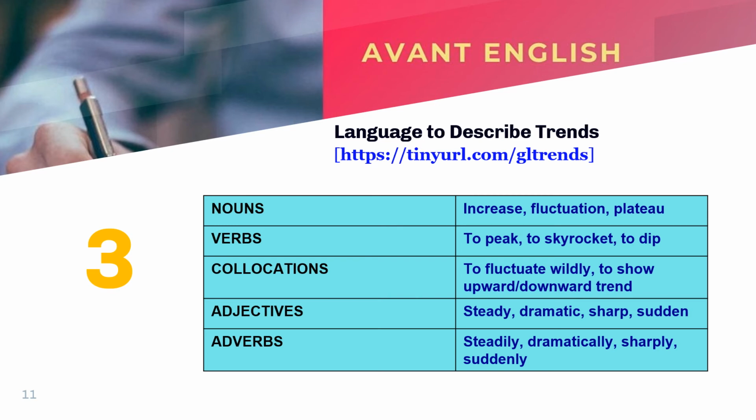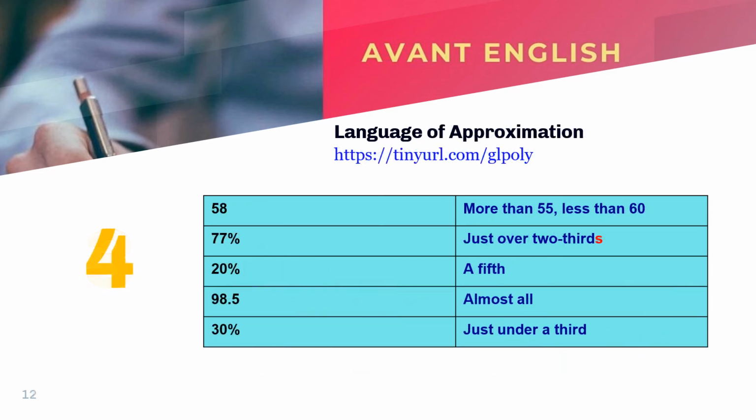Adjectives, steady, dramatic, sharp, sudden, and adverbs, steadily, dramatically, sharply, and suddenly. Notice the link to the full table. For more vocabulary helping you to describe trends, go to tinyurl.com/gltrends.